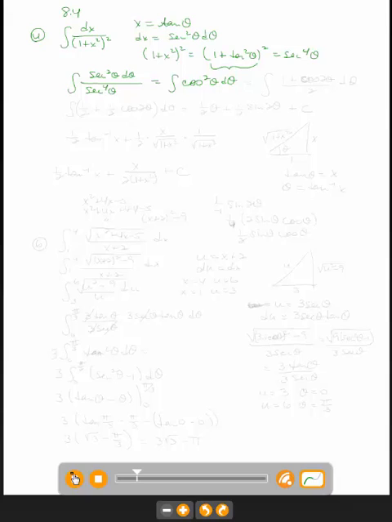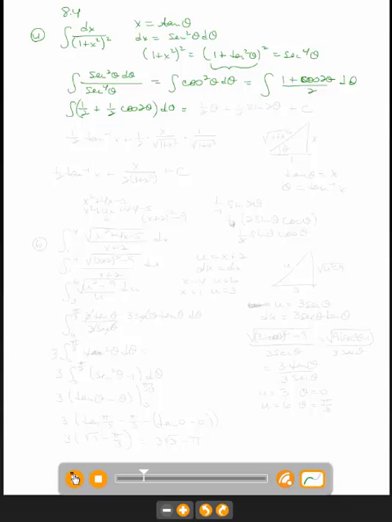And then we have to use the half angle on that, which turns it into (1 plus cosine 2 theta) over 2, which turns into integrating 1/2 and integrating 1/2 cosine 2 theta, or pulling the half out, either way.